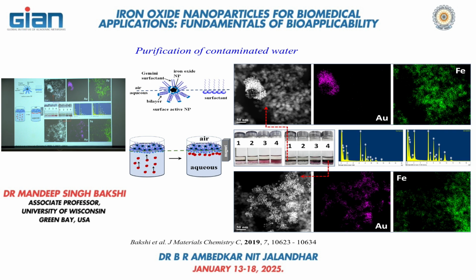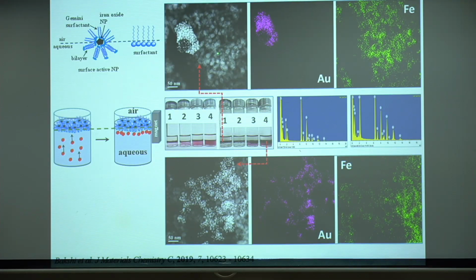And when you perform the iron mapping, as you could see, all the other particles are the iron component, and likewise you can have the oxygen component or any other component as well. So we took one sample from here, and this confirms the presence of gold nanoparticle which was extracted from here.